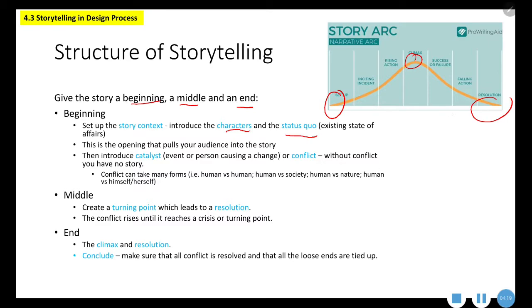And at the end, you end the climax, and you narrate the resolution, and you also make a conclusion. The conclusion is to conclude all conflicts, whether they have been resolved, and all the loose ends are tied up. So these are the three structures within a storytelling: beginning, middle, and end.